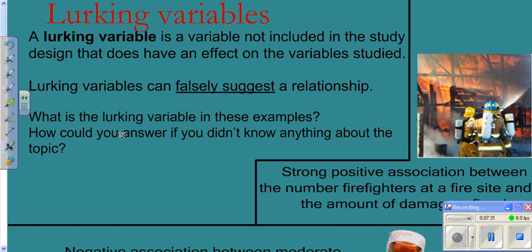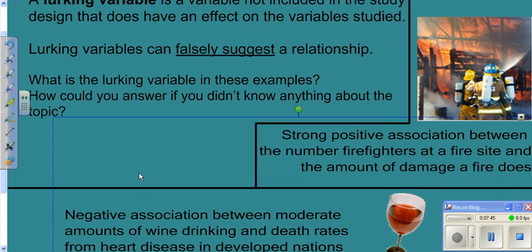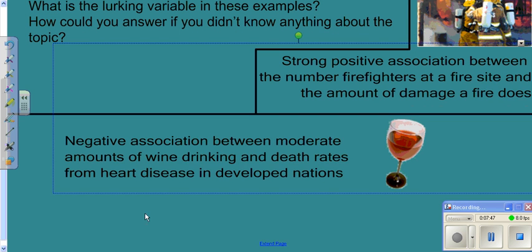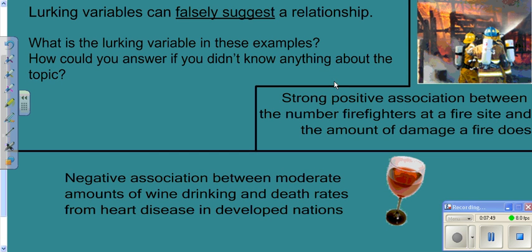So let's talk about lurking variables here. Lurking variables are basically affecting your results and may give you false relationships. It's something that wasn't really considered when you were comparing your data. So let's go down here and take a look at this. There's a strong relationship between the number of firefighters at a scene and the amount of damage a fire does.